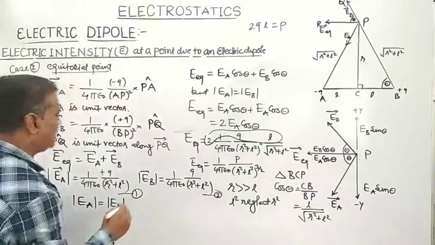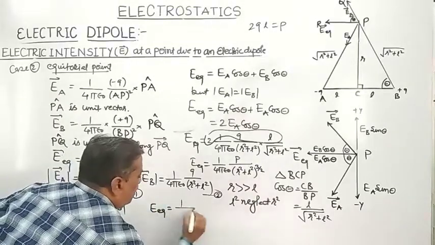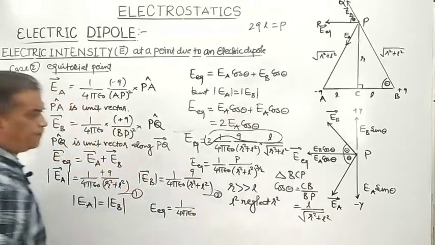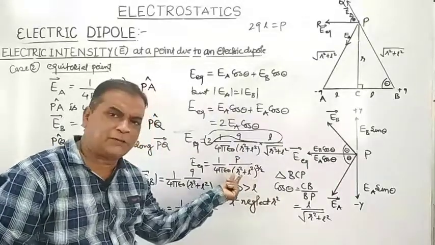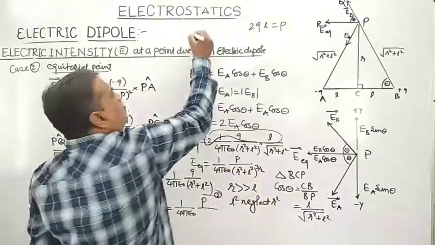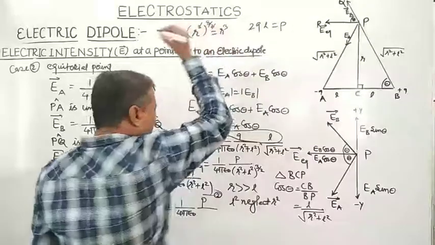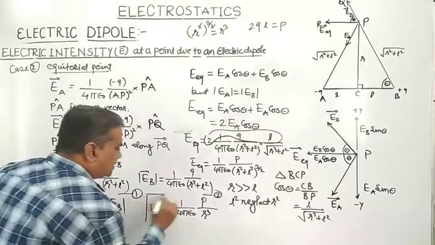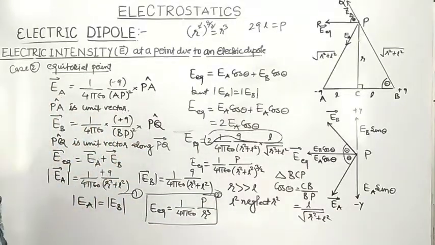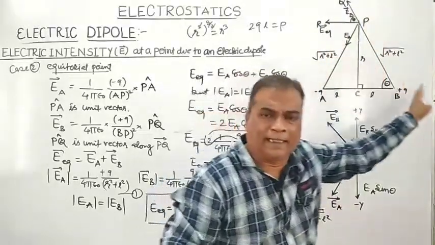And under that condition, E equatorial is equal to 1 upon 4 pi epsilon 0 P divided by R square raised to power 3 by 2, this 2 gets cancelled with 2, it means it is R cube. So it is 1 upon 4 pi epsilon 0 P divided by R cube. So this is an expression for the intensity of electric field at any point along the equator due to an electric dipole.